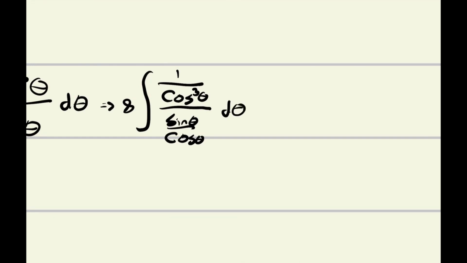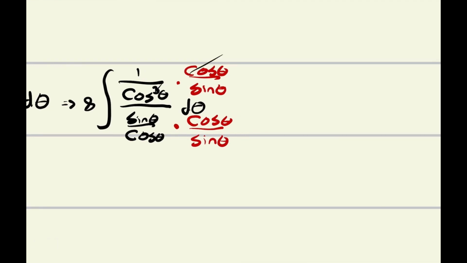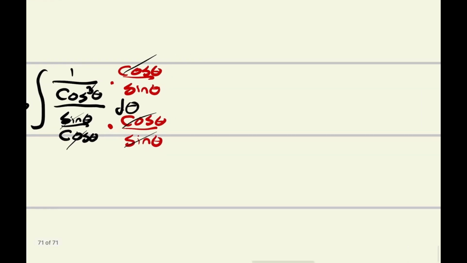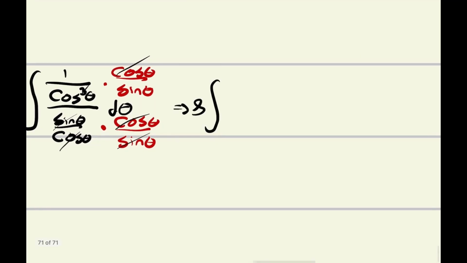Dividing by a fraction is the same thing as multiplying by the reciprocal, so we can say times cosine theta over sine theta. And that would cancel out one of these cosines. That would give us 8 times the integral of 1 over cosine squared theta sine theta d theta.